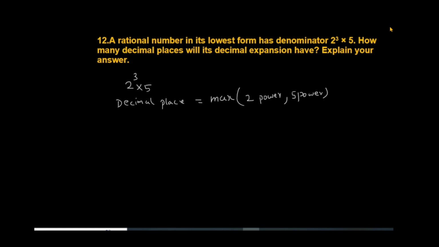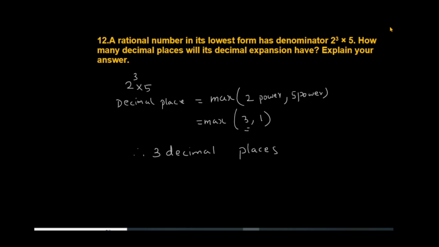So here 2's power is 3 and 5's power is 1. So what is the maximum power? 3. So we will be having 3 decimal places.